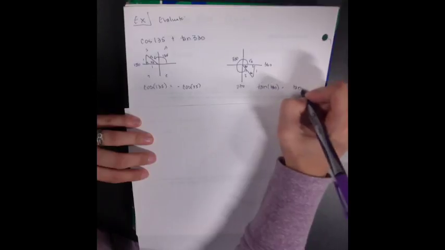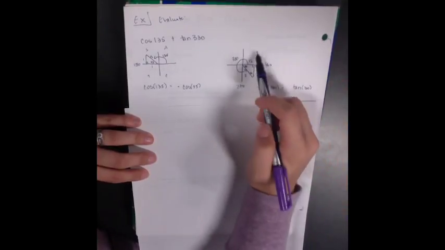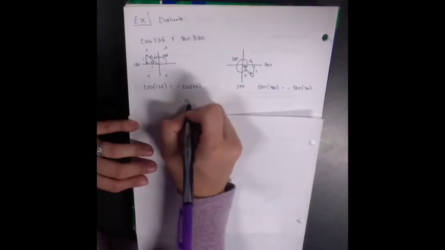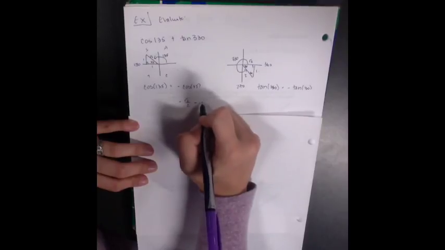Okay, so the tangent of 330 is the same as the tangent of 30, and again, all students take calculus. Tangent is negative in the fourth quadrant. So we know that the cosine of 45 is root 2 over 2 with our negative, and the tangent of 30 we know is opposite over adjacent, which is 1 over root 3, or just root 3 over 3.